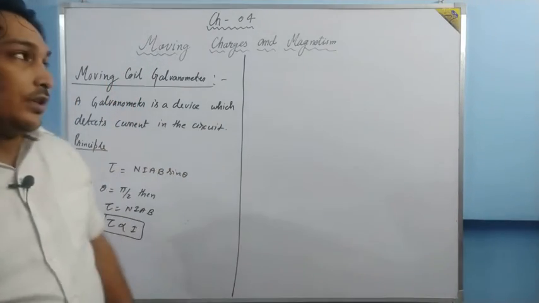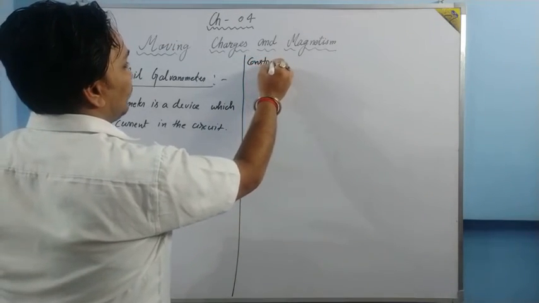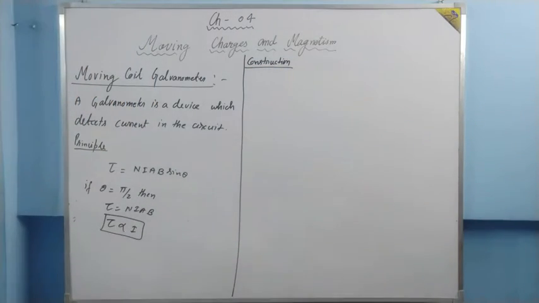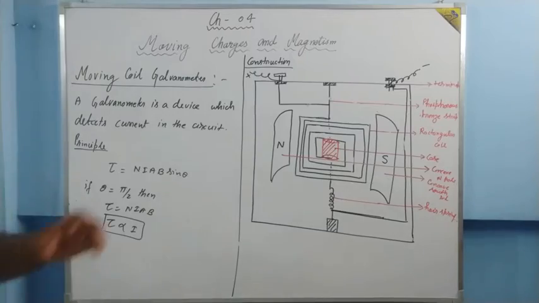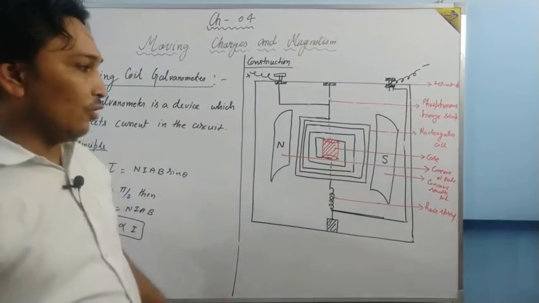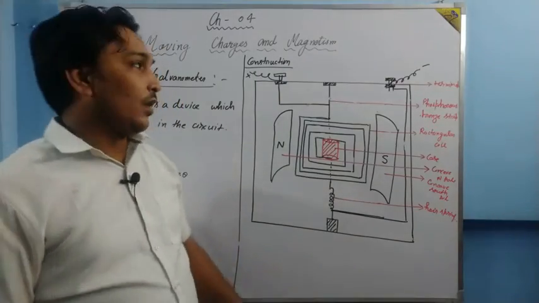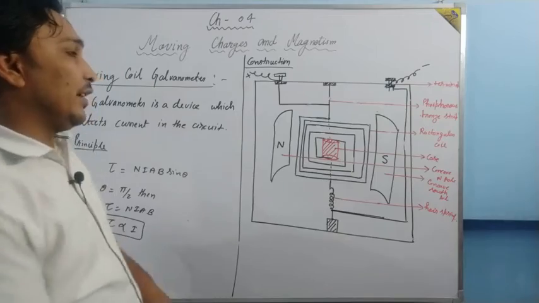So what is its construction? How is it made? Let us see. This is the construction of a moving coil galvanometer. There is a wooden frame, it could be of aluminium also, but it is insulated from the inside.